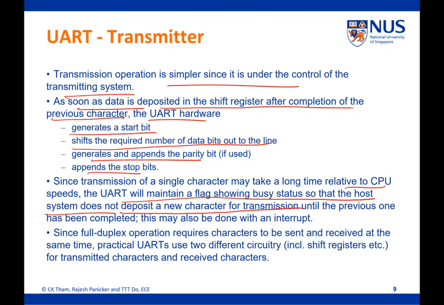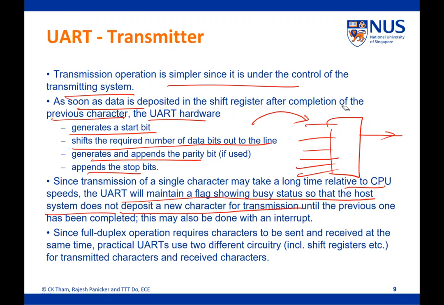Which essentially means, see, you are putting a new character into the shift register and it is shifted out one by one, right? So if the processor writes a new character while the previous one is still being shifted out, it's not very nice, because you might end up sending a part of one character and a part of another character, right? So what the processor does is, it will read a certain flag, the busy flag.